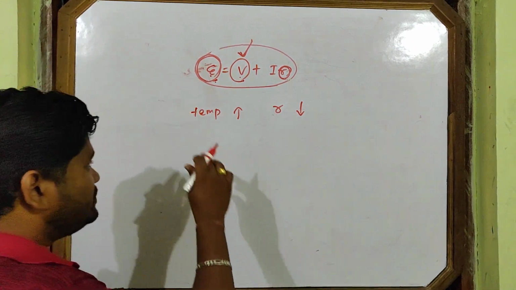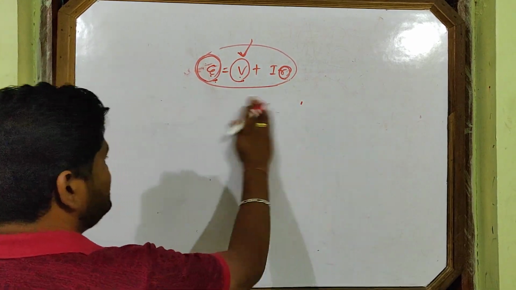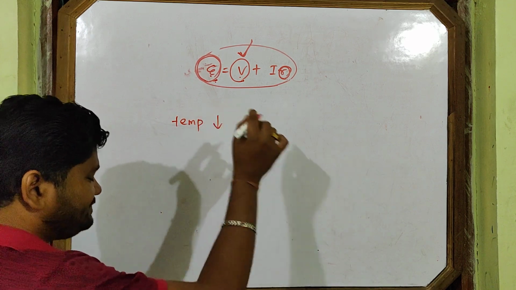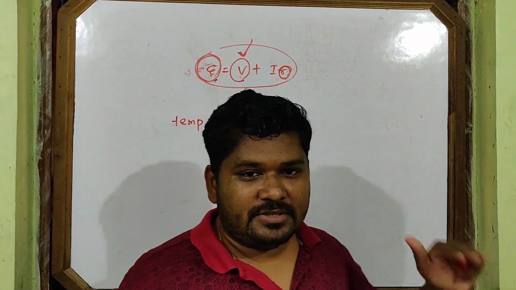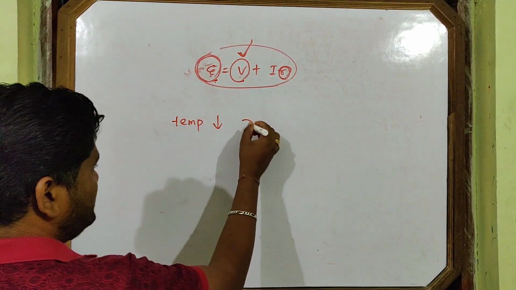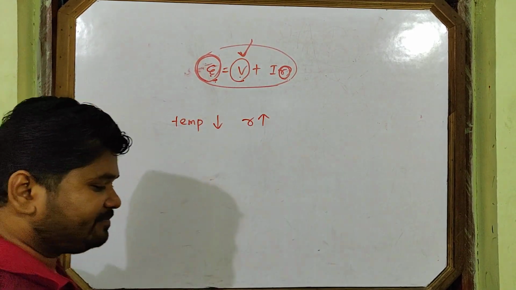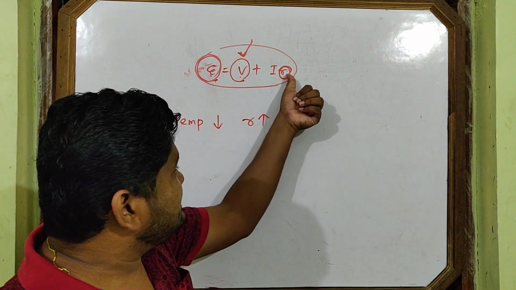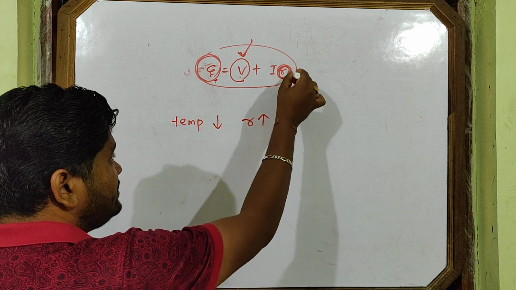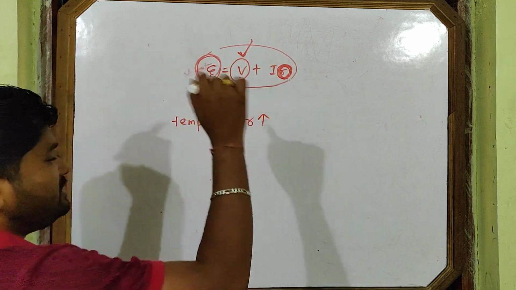Okay, so in winter night what happens? You see, in winter night the temperature decreases, say 10 degrees, 15 degrees. If temperature decreases, what about internal resistance? It increases. If internal resistance increases, what happens to V?